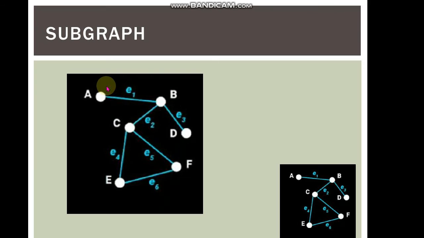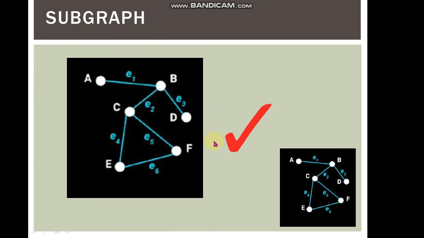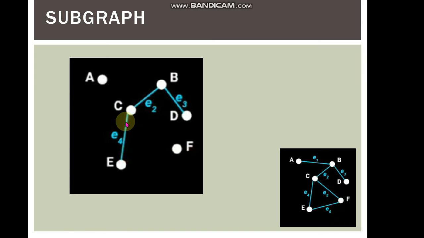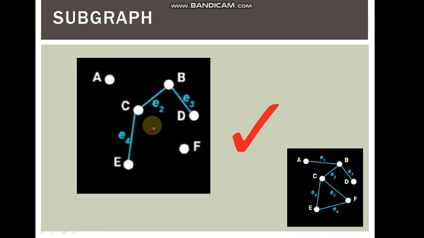From this graph, we see that it is the same as this graph, so it is a subgraph. Question 2. Okay, we see A, B, C, D, E, F. Same. E4, E2, and E3, and same. So it is a subgraph.